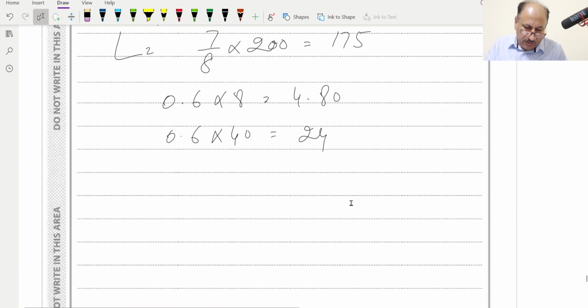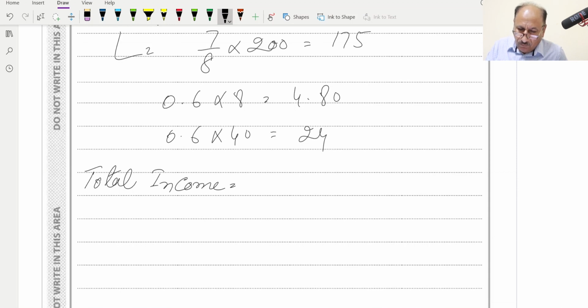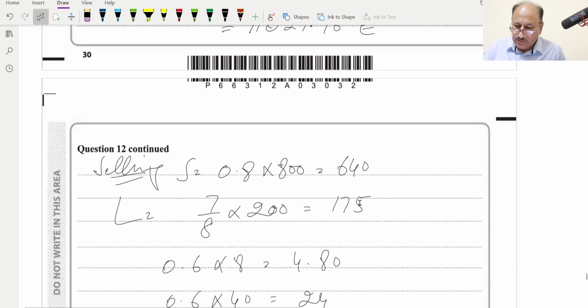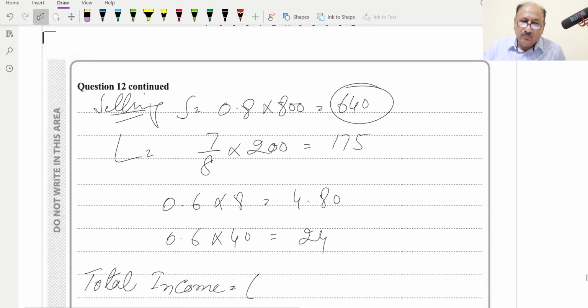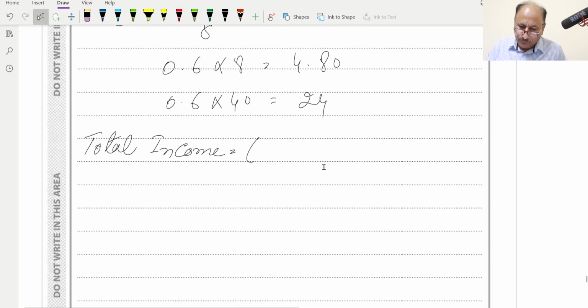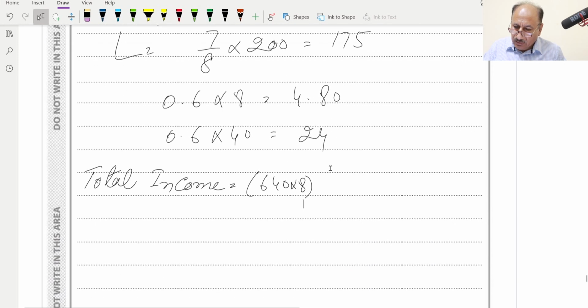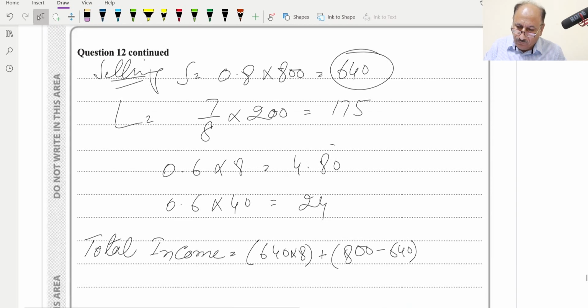Now the total income is how much? Total income will be first of all 640, sorry, this amount multiplied by 8. Out of 800, 640 are sold at the higher price and the remaining at 4.80.